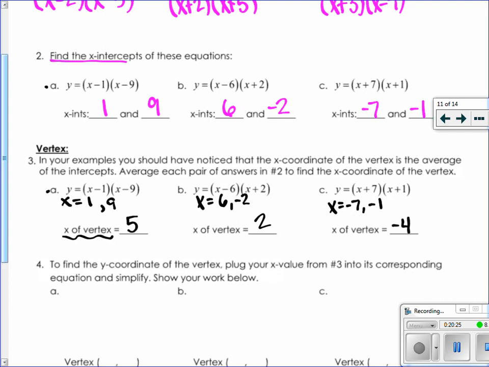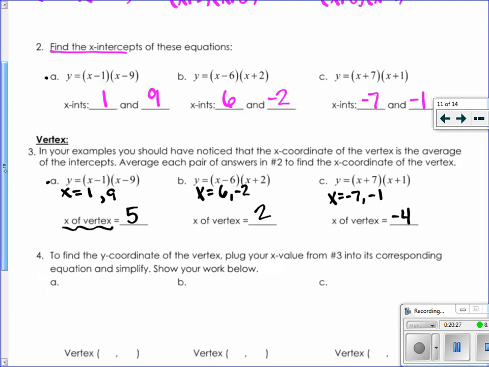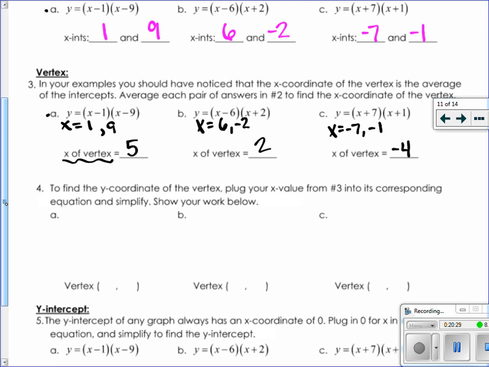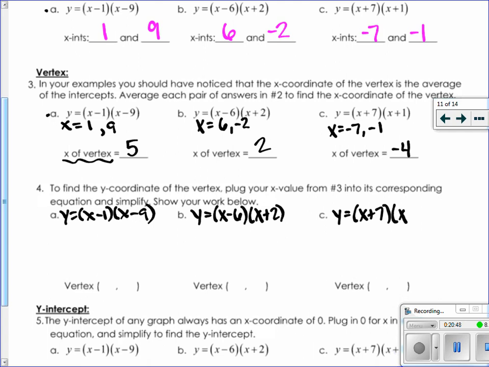Okay. Now we're going to do same equations. So we're going to still use y equals x minus 1 and x minus 9. On the next one, we're still going to use y equals x minus 6 and x plus 2. And then we're still going to use y equals x plus 7 and x plus 1.